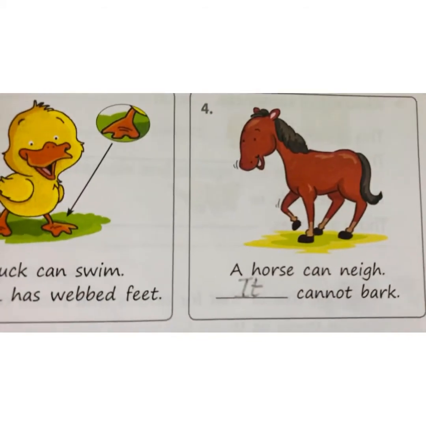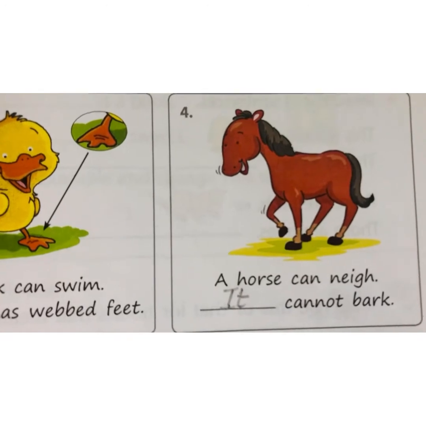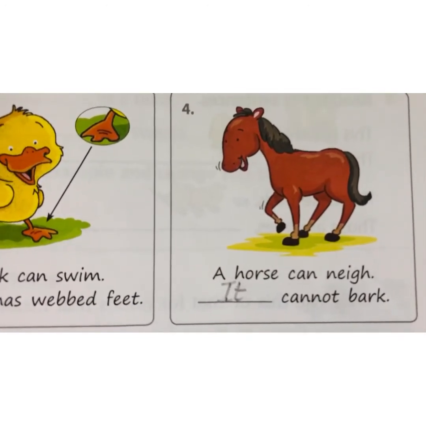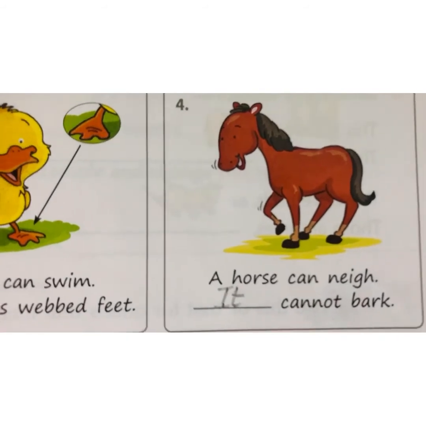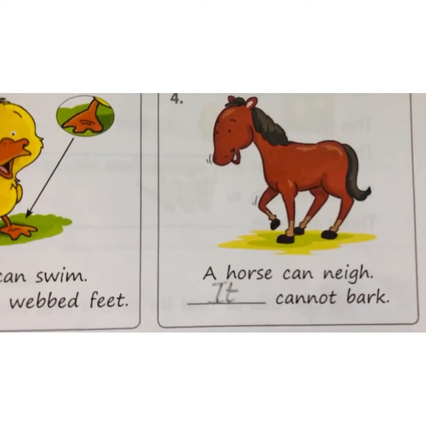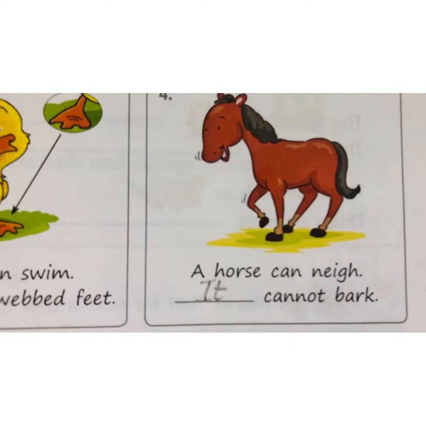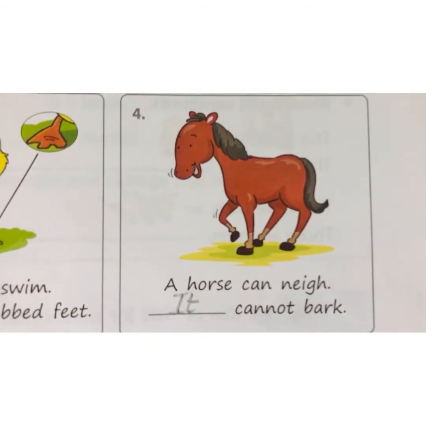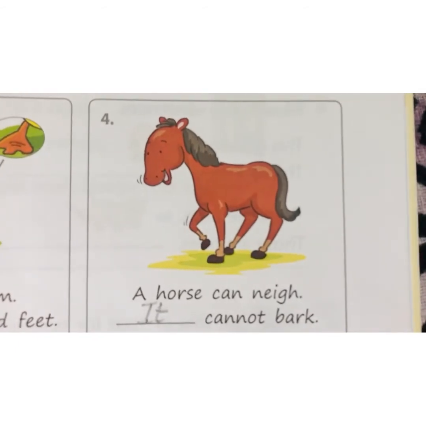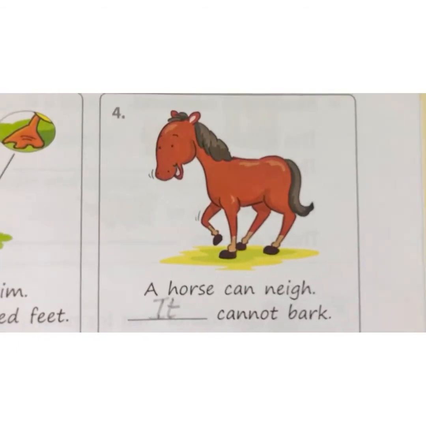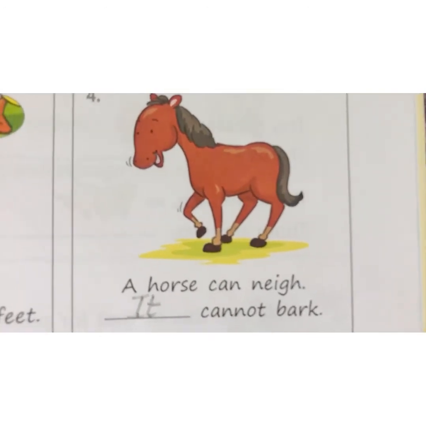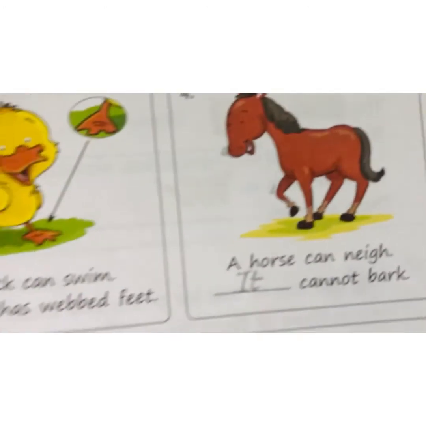The fourth one is a horse can neigh. Neigh is a sound of a horse. So we will use pronoun it for horse. It cannot bark. Horse cannot bark. Who barks? Dogs bark. Horses neigh. So we will use it here.